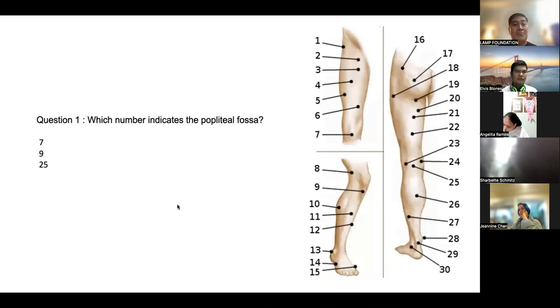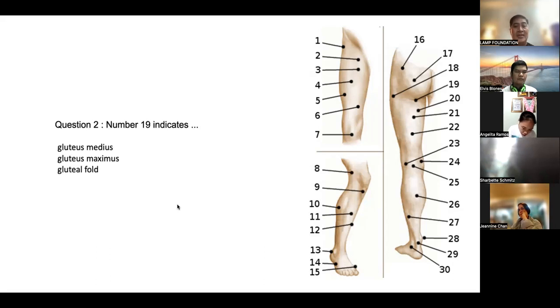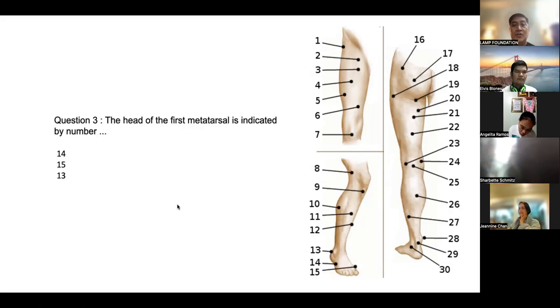Which number indicates the popliteal fossa? The popliteal fossa is, hang on, where are my notes? Number 25. Very good. Number 19 indicates the gluteal fold. Great. The head of the first metatarsal is indicated by number? 15.